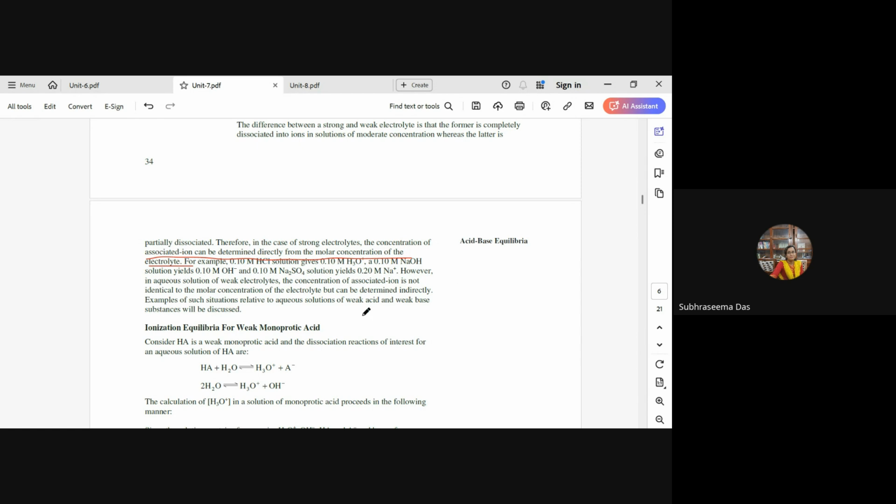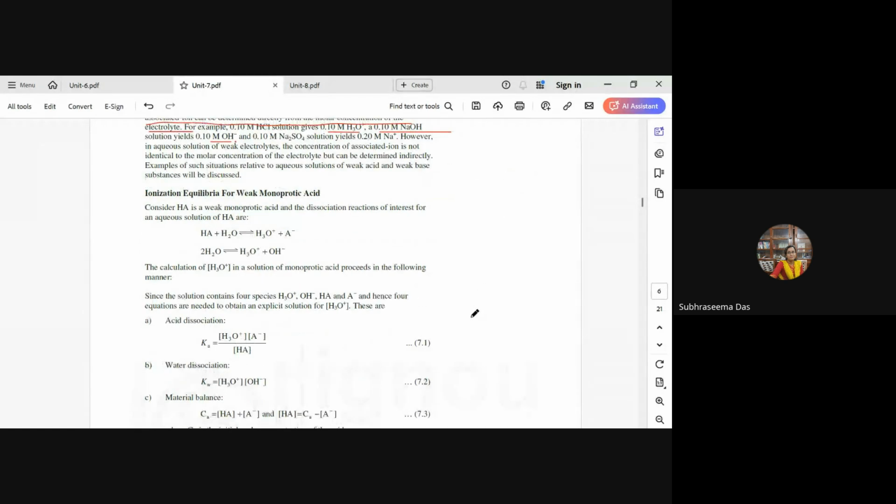That is, 0.1 molar HCl gives 0.1 molar H3O plus, and 0.1 molar NaOH will always give 0.1 molar OH minus. However, for weak electrolytes, the concentration is not identical to the molar concentration of the acid or base that has been taken.